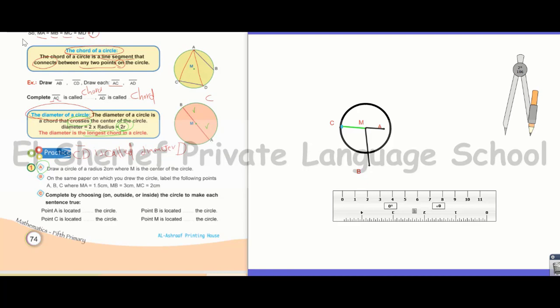Complete by choosing on, outside or inside. First, point A is located. We notice that point A is inside the circle. Point B is outside the circle.